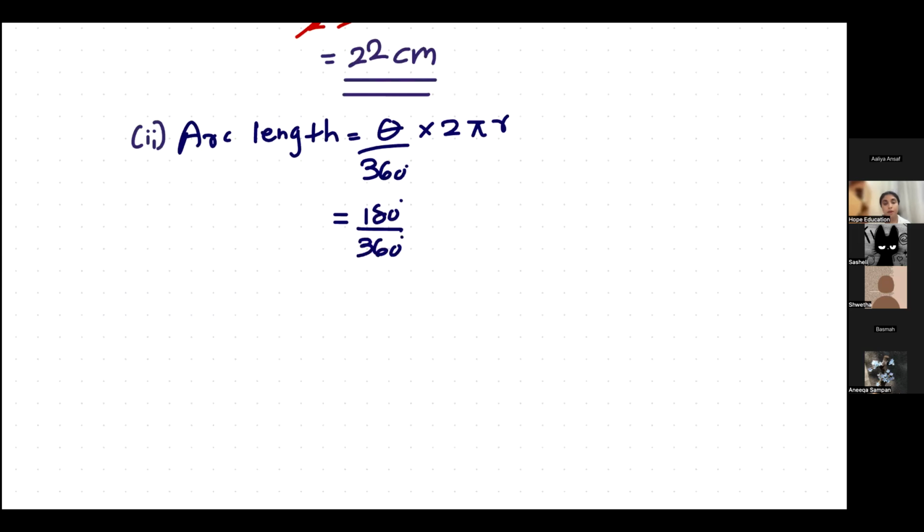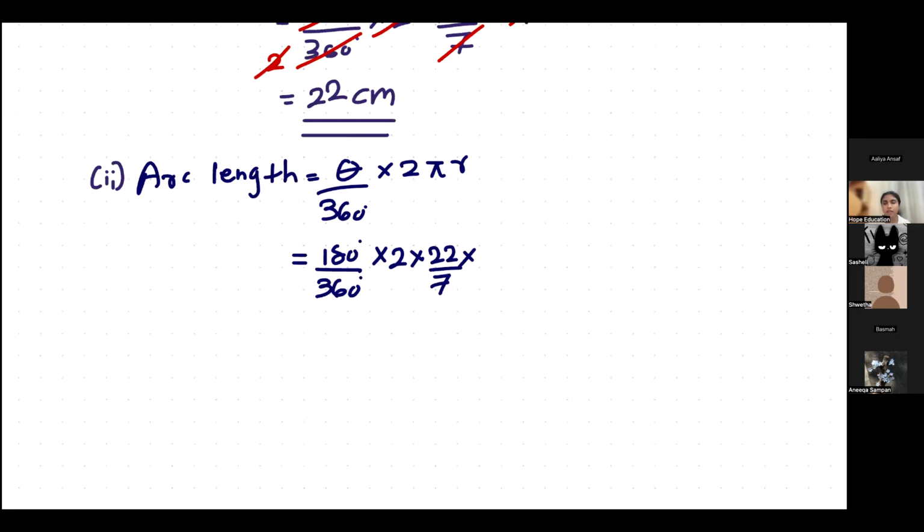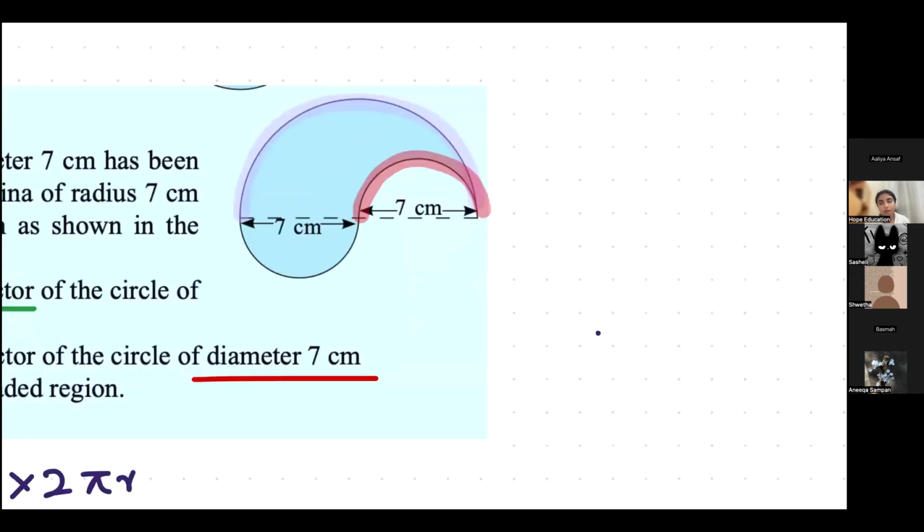Two multiplied by 22 over 7. If you take this red color arc, what is the radius? 3.5. Okay, Basma says 3.5. What do others think? Yes, here, Lamai, the diameter is 7 centimeters, so radius is diameter divided by 2, that is 3.5.